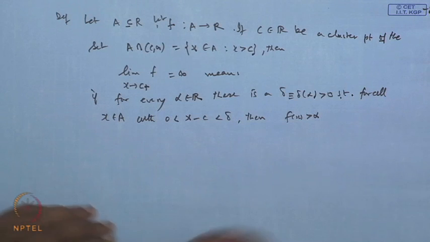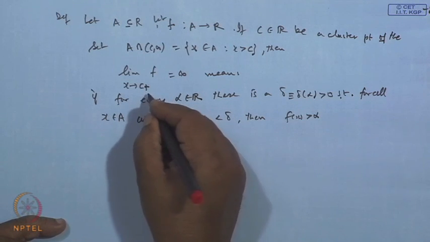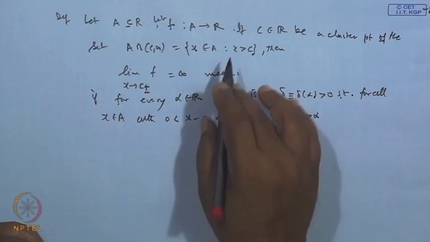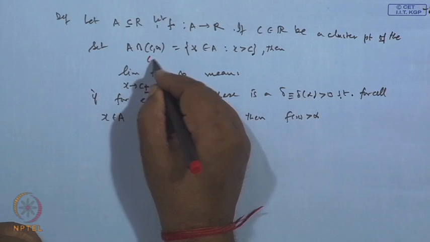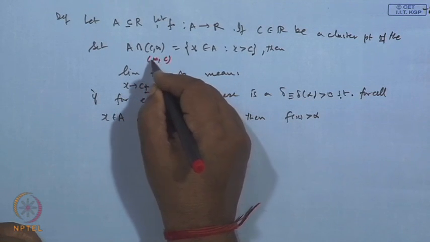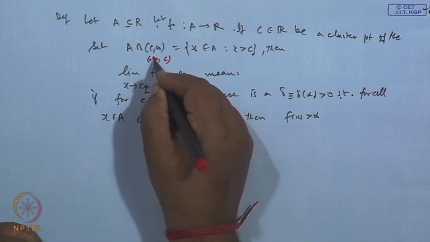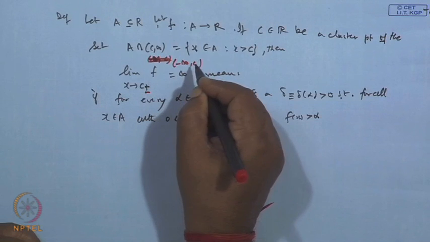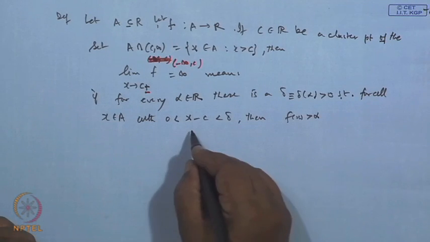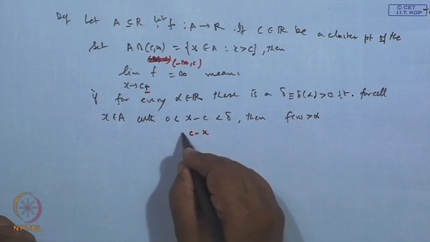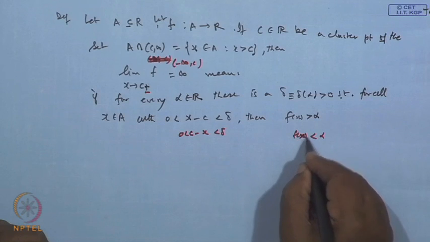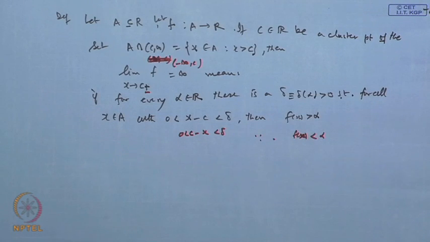Similarly, for the negative side, if it is minus infinity, then what changes here is the corresponding set, it will be (minus infinity, c), and from here it will be c minus x, 0 less than c minus x less than delta, then it will come to be f(x) less than alpha, like that. So, similarly, the changes will be like this accordingly. We are not giving that.